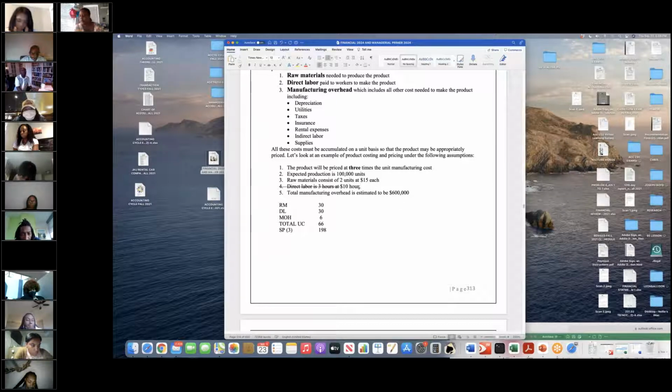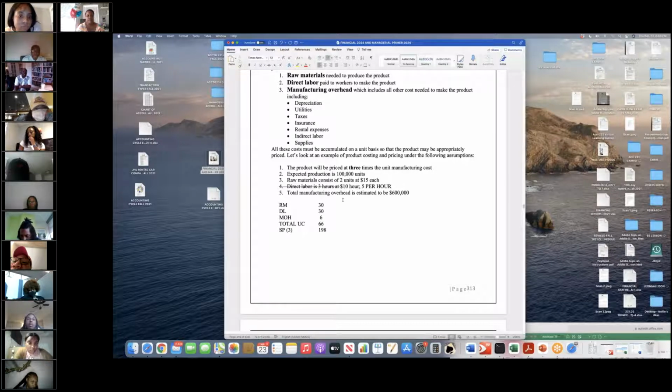But let's assume that you can make 5 per hour. Everything else is the same. The product's going to be priced at 3 times the unit manufacturing cost. Expected production is 100,000. The raw materials is 2 units at 15. The labor rate is $10, but you're expected to make 5 per hour. Total manufacturing overhead is still $600,000.